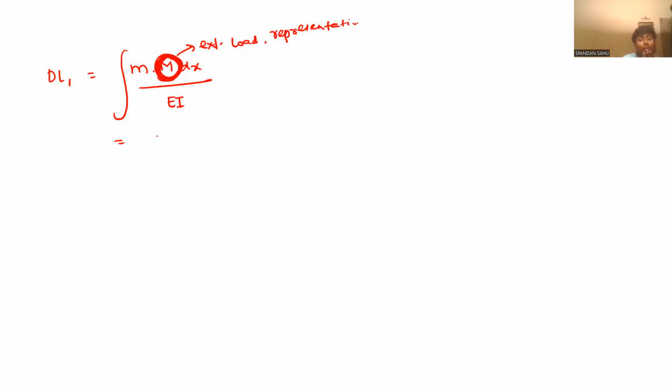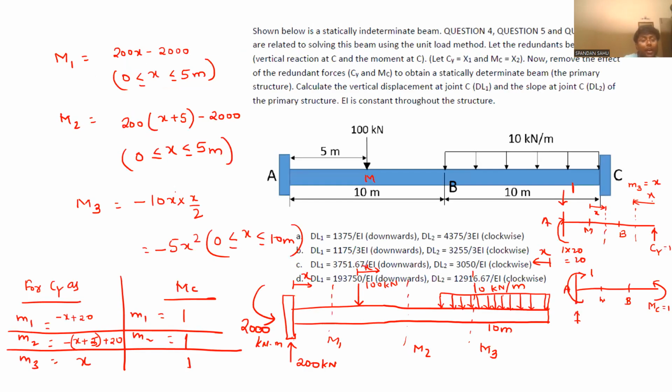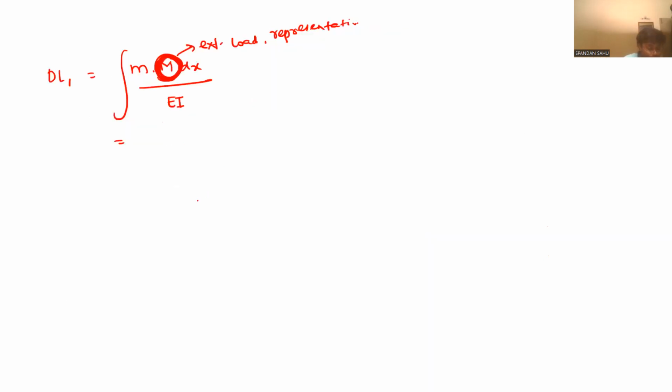So tell me, DL1, 1 was CY. So the moments of CY will come. So minus X plus 20. So I am writing 20 minus X plus 20 into capital M, which was 200 minus 2000 plus 200X dx.